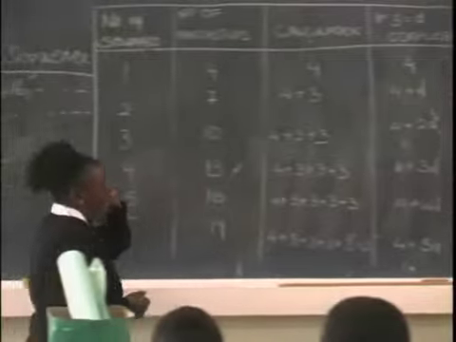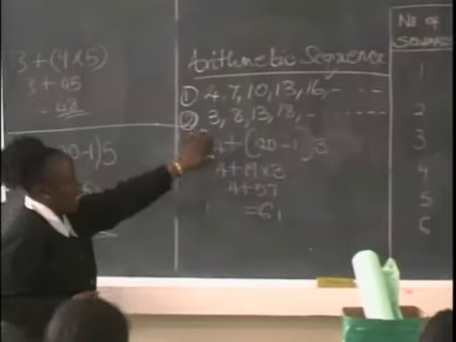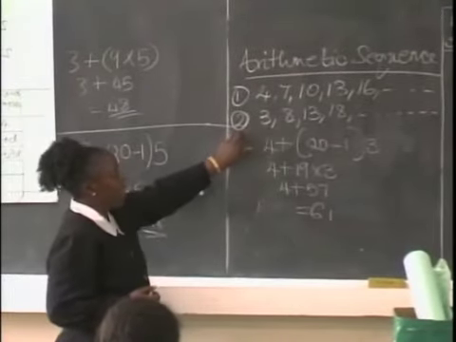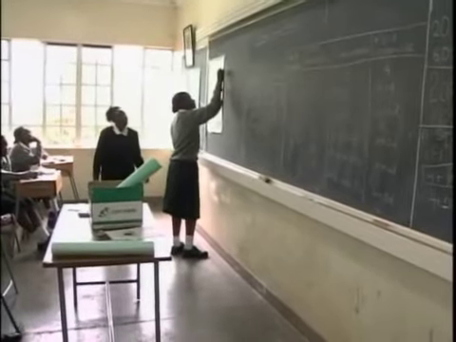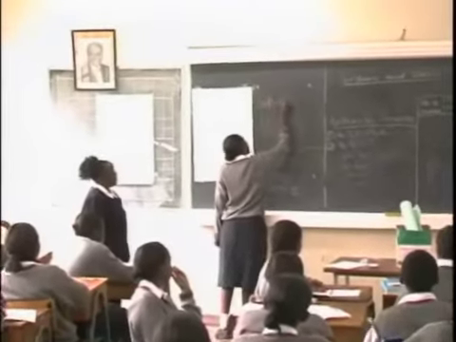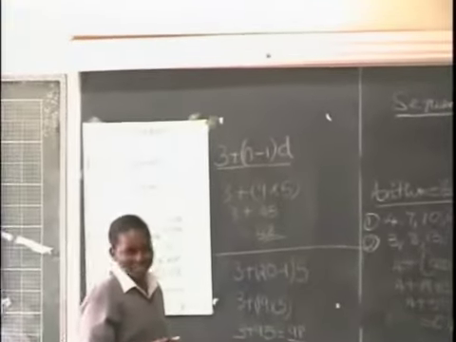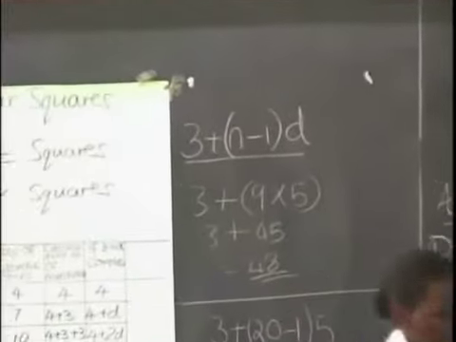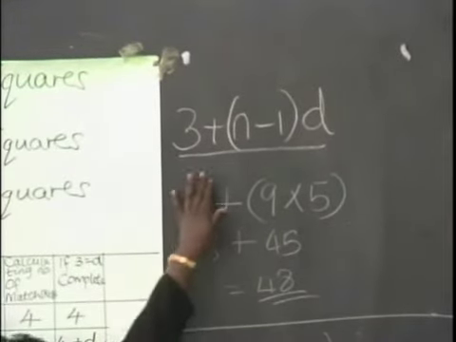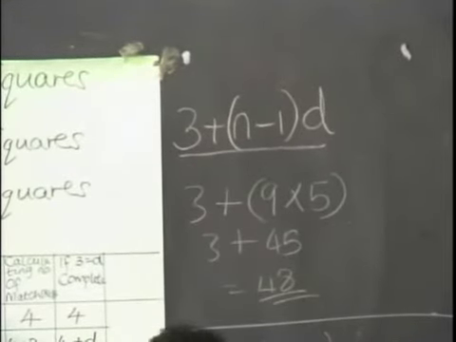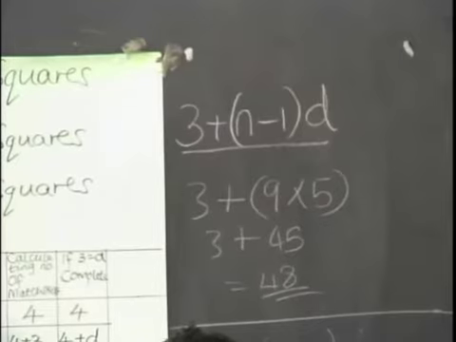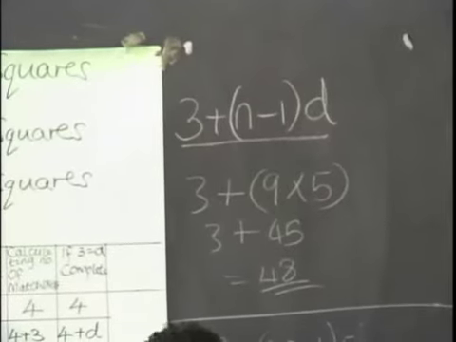Now, what is the general way of getting the nth term in the second one? Correct? Yes, that is very good. This is correct. This is now the general way of getting the nth term of the second arithmetic sequence, okay?